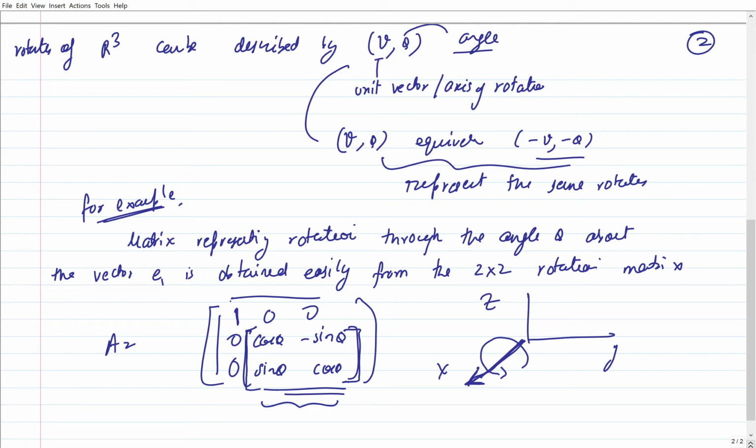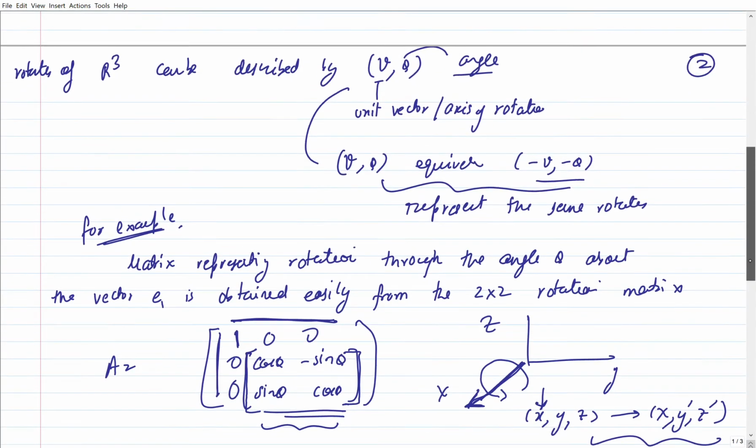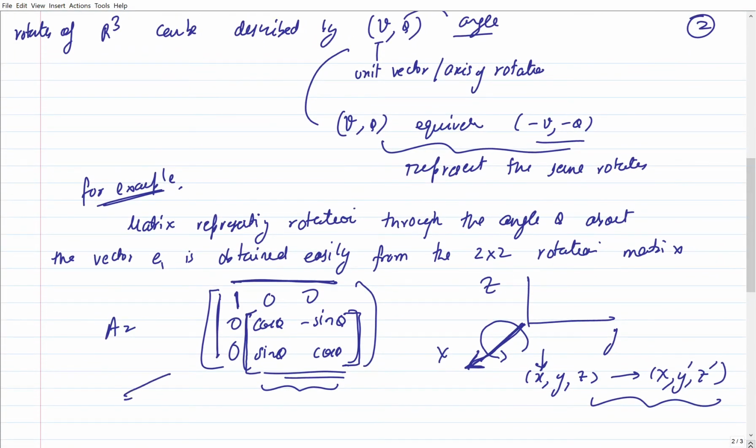This particular matrix leaves the x coordinate alone: a vector x, y, z will go to x, y prime, z prime, and it is basically a rotation about the x-axis. So that was just one example of how the rotation matrix turned out to be a matrix of rotation about the x-axis.